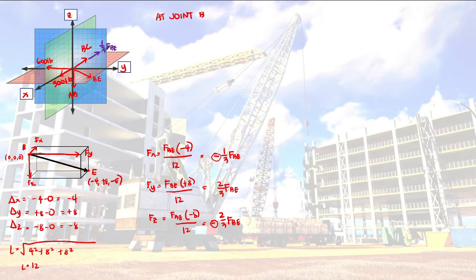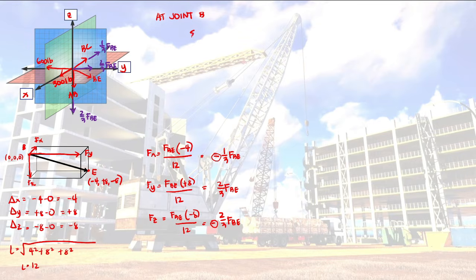Then we have Fy, which is positive, so going here. This would be 2/3 of FBE. Then lastly is our FZ, which is negative, so it is going downwards, 2/3 of FBE. After our components, we can already solve our forces by using summation of forces in X, Y, and Z.